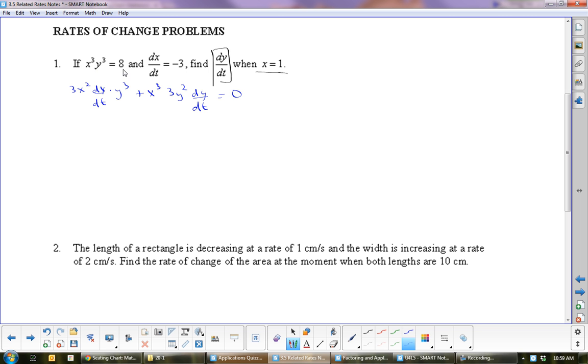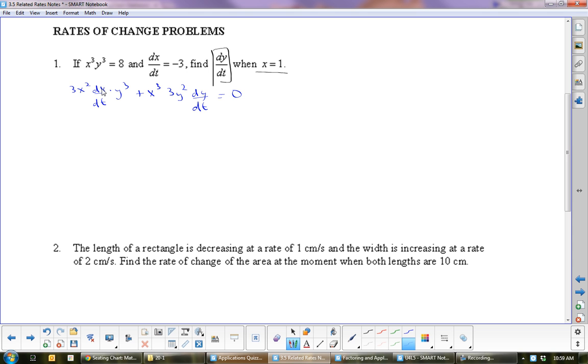And then this just came over here because it's derivative of the first times second plus the first times derivative of the second, which is 3y squared, and then inside's dy dt. Why did I do it here?